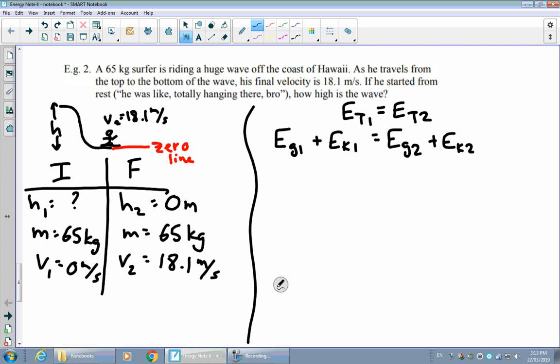From there, we can even take those specific energy values and list them as their formulas that we can use to calculate them. So we'll say that that's mgh1 plus 1/2 mv1 squared. On the other side, we have mgh2 added with 1/2 mv2 squared.